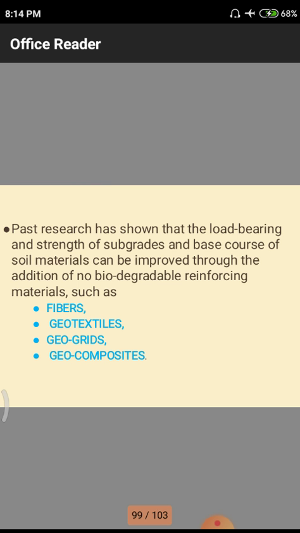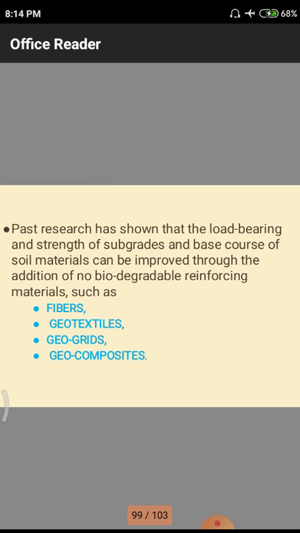Why? Because we have plenty of examples with pictures, so that those pictures will show you the composition and arrangement of the structures. Like fibers, how we have to utilize these fibers in the construction of the road. The second one is geotextile, how we have to arrange this textile matter on the surface of the earth.